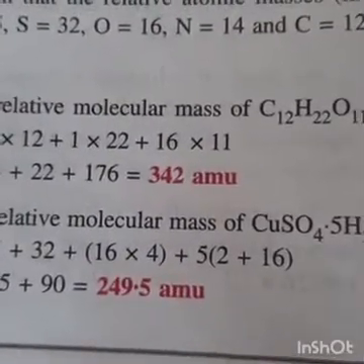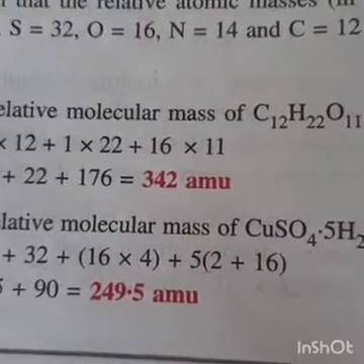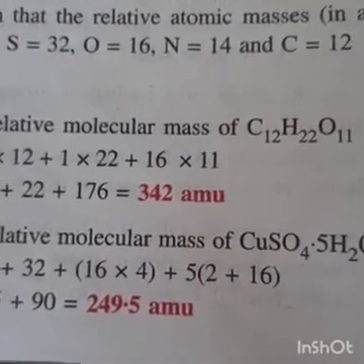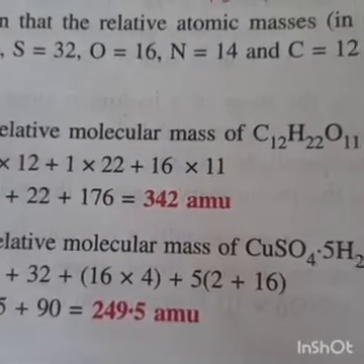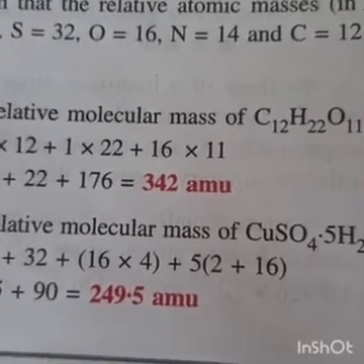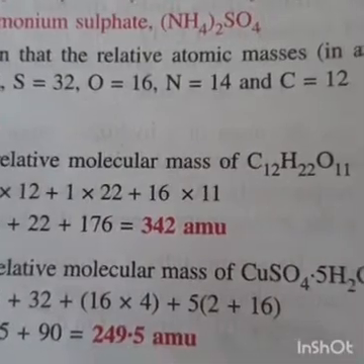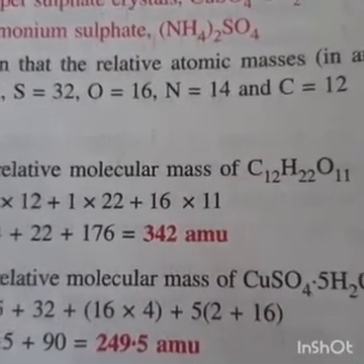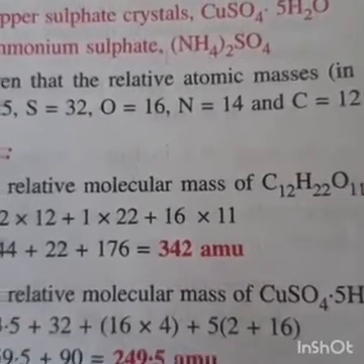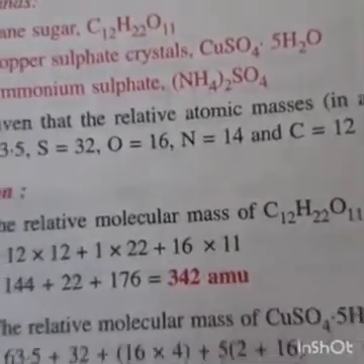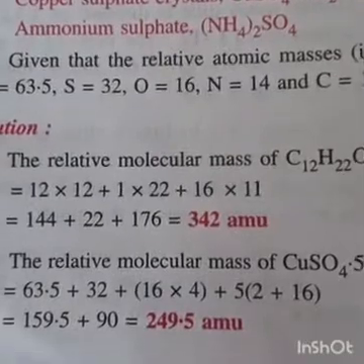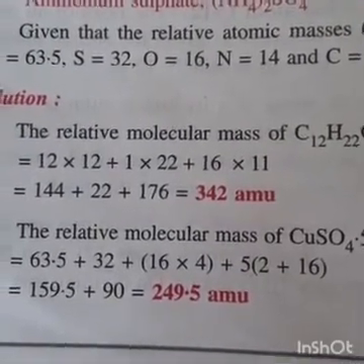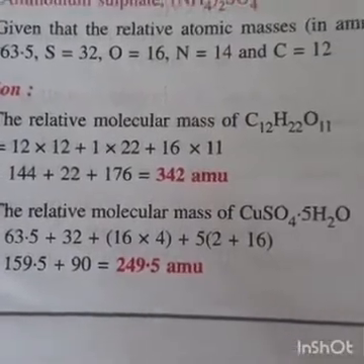Relative molecular mass of C12H22O11 is 12 into 12 because 12 atoms are there, plus 1 into 22, plus 16 into 11, because oxygen has 16 and there are 11 atoms. If I add all of these after multiplication, I get 342 AMU.